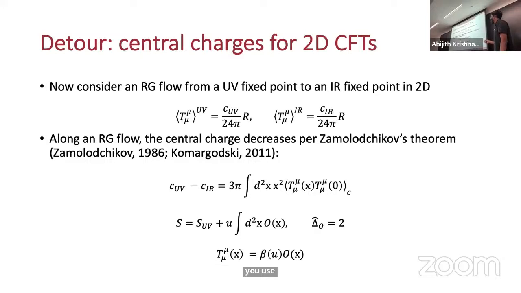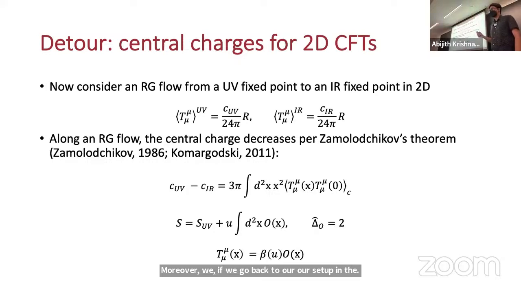And here T mu mu, this correlation function is evaluated in a theory slightly perturbed away from the UV fixed point. Moreover, if we go back to our setup for the 3D O(N) model, at n equals infinity we get a line of fixed points.